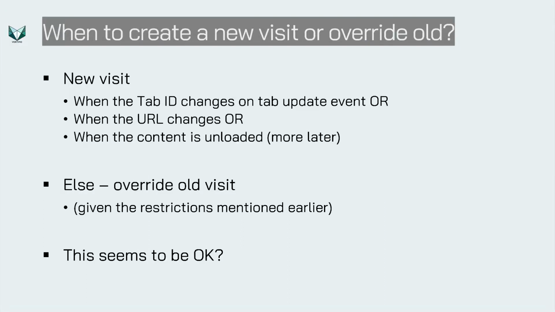But for everything else, we overwrite the visit, given the restrictions that we've now had, like the low pass filter on saving the page all the time, on DOM mutations, and on the ready state when the ready state is dropped after a certain amount of time. Given all of those restrictions, we will overwrite the visit every time, and that seemed to be okay.